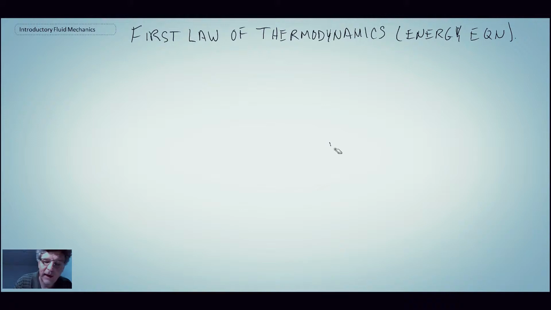And in fluid mechanics, we sometimes call the first law of thermodynamics just the energy equation. We have continuity, momentum, and energy. And this will be the last one that we'll be looking at for the control volume formulation.